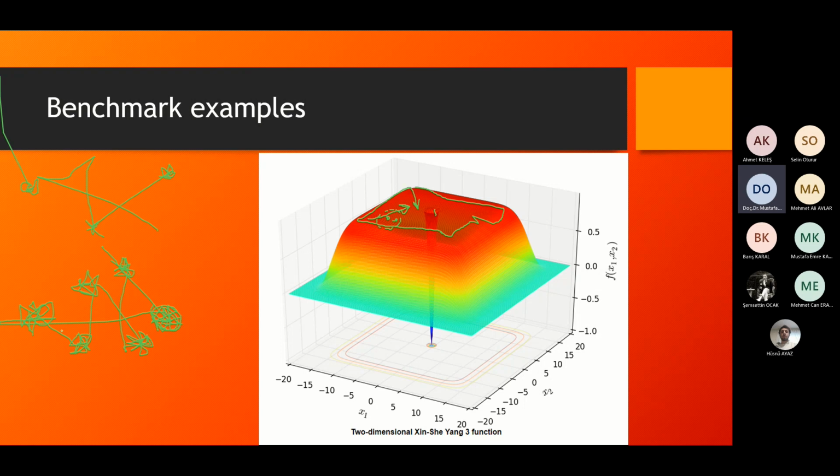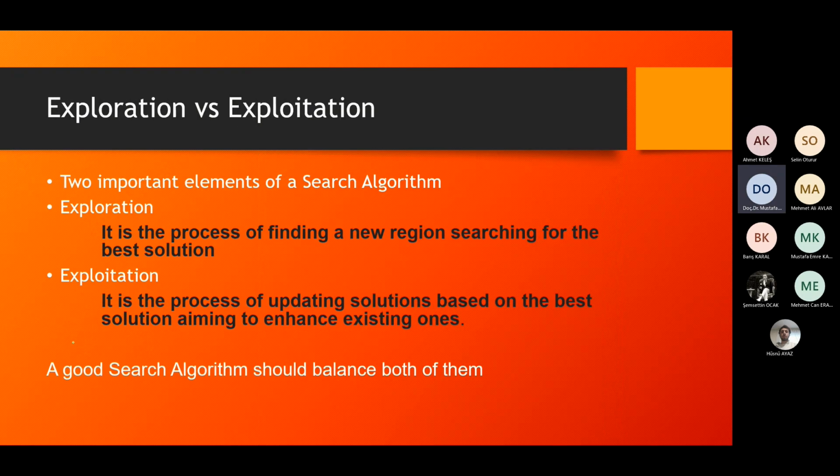So the search algorithm a fly performs makes two important movements. The first one is exploration, the other one is exploitation. These terms are important because a search algorithm should satisfy the exploration property and the exploitation property in order to be successful in finding the global optimum point.